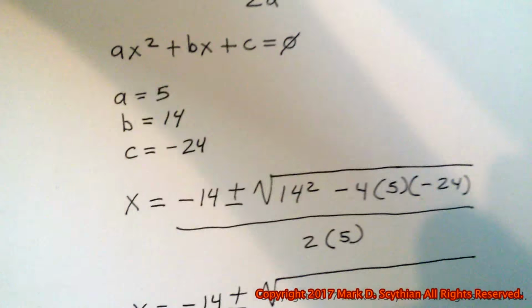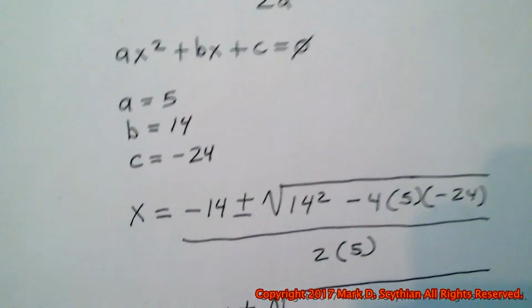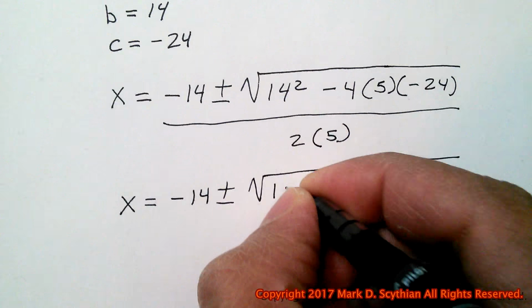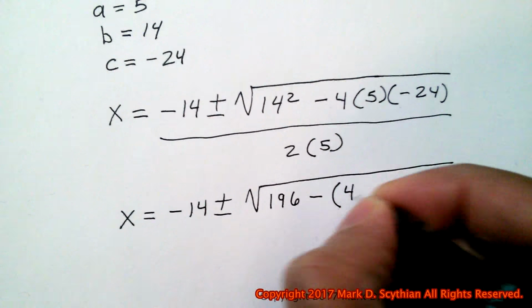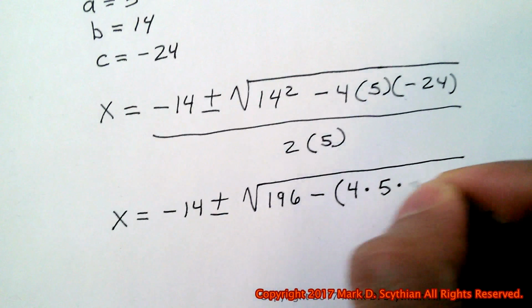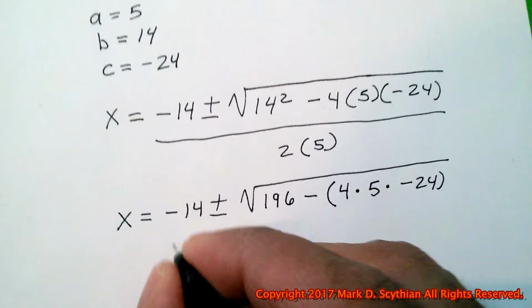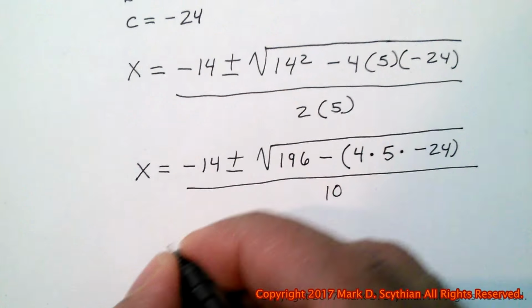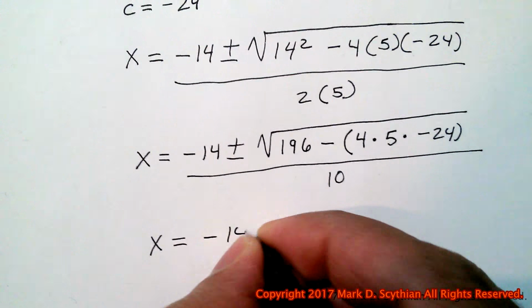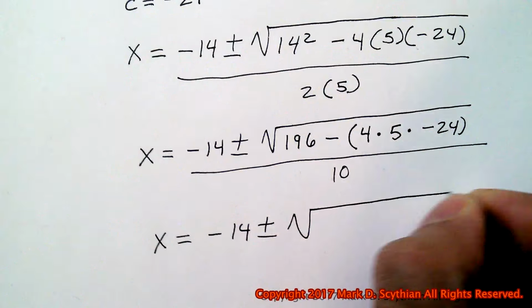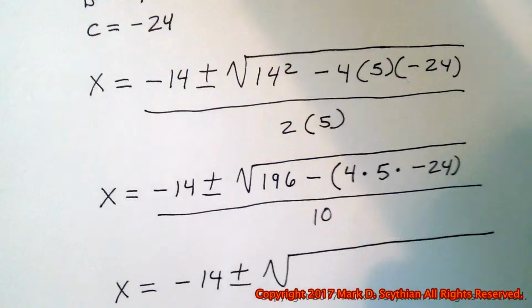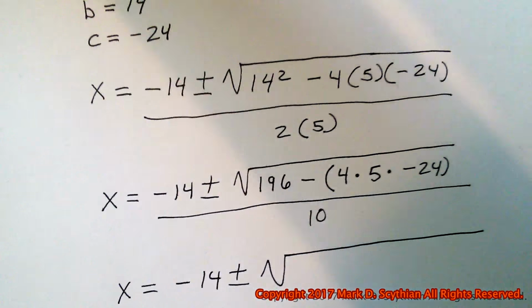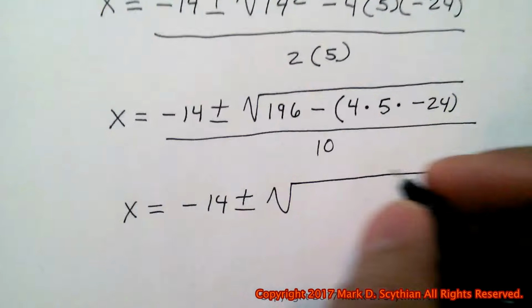14 squared is 196, minus 4 times 5 times negative 24, over 2 times 5, which is 10. So 4 times 5 times negative 24 is negative 480.